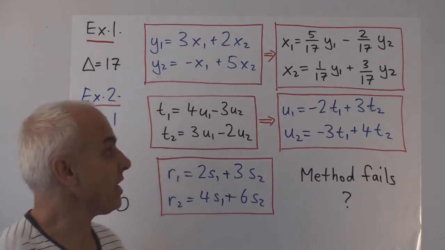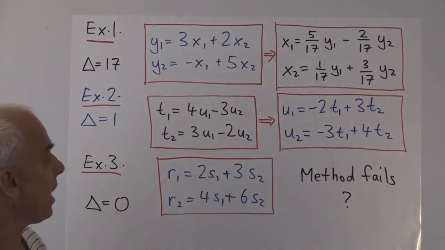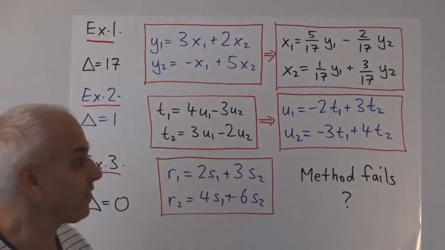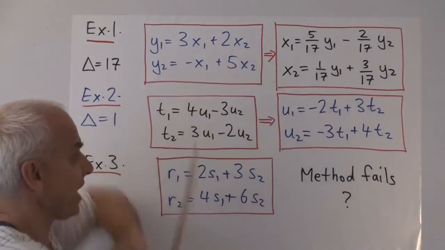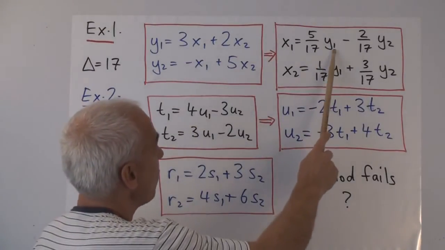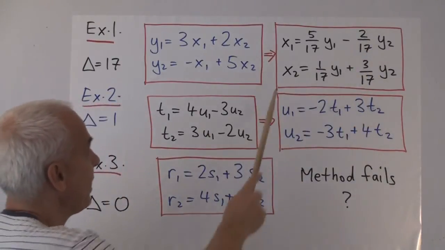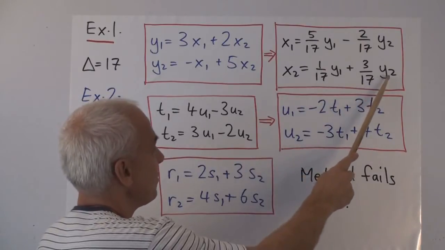That's the denominator that appears in each one of these coefficients. And otherwise the coefficients are obtained by interchanging these two diagonal ones, the 5 and the 3, and multiplying these off diagonal ones by minus 1. So we get x1 being 5/17 of y1 minus 2/17 of y2, and x2 being 1/17 of y1 plus 3/17 of y2.